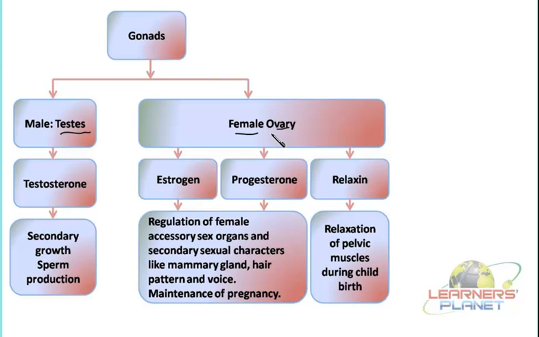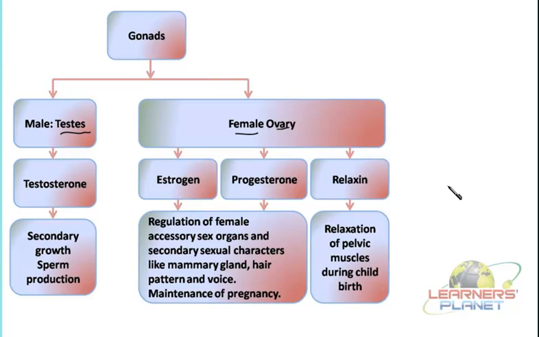Not only the secondary growth, they are also involved in controlling or regulating the reproductive cycles of this organism. So what different hormones are produced? Let us find it out now. The basic hormones secreted by the ovary are estrogen, progesterone and relaxin.